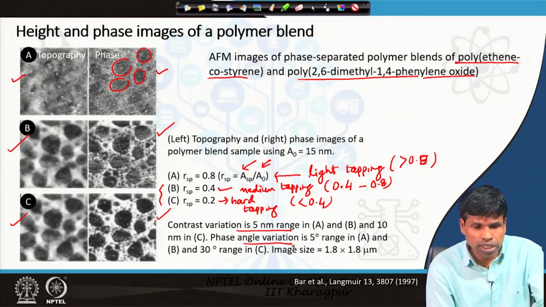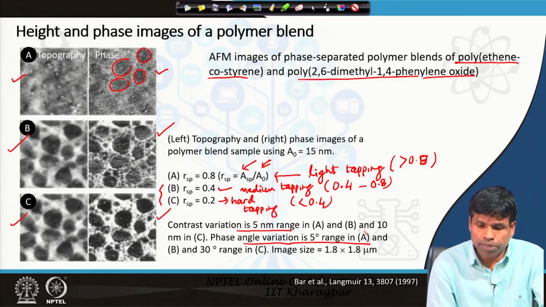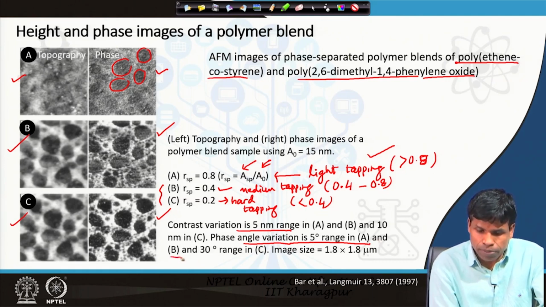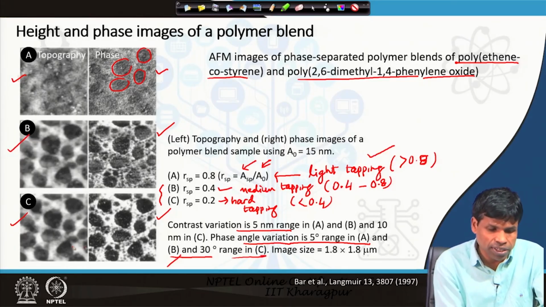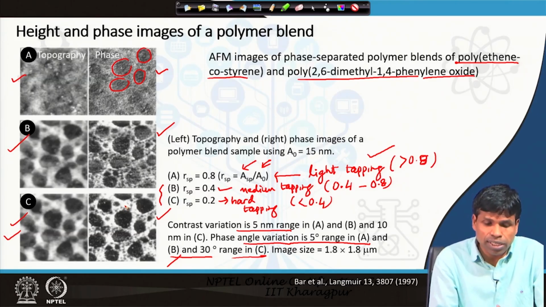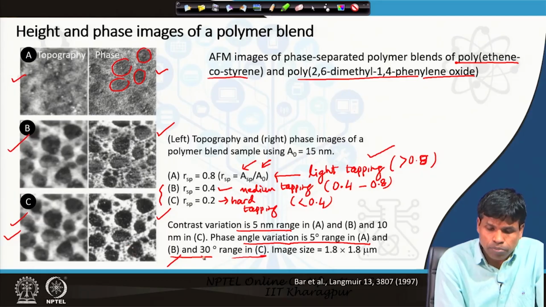Phase angle variation is 5 degree in A, 5 degree in A. That means in the light tapping we have only a small phase angle change, 5 degree in A and B, but 30 degree in the range C. Here the phase contrast variation, the darkest and the brightest angle variation, or phase shift value variation, is much higher, 30 degree.